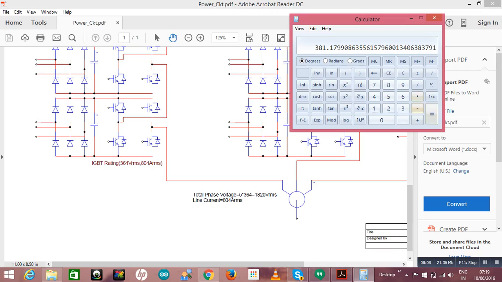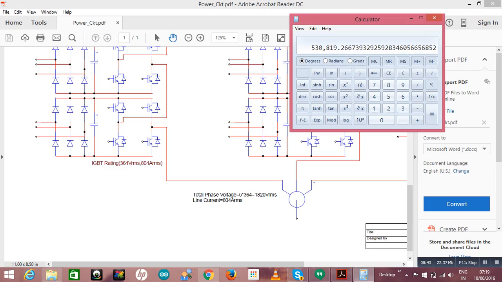So it is √3 VL IL, and nearly it will come to 531 kVA.